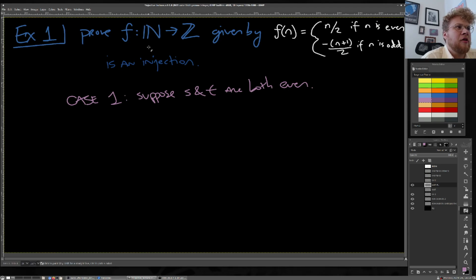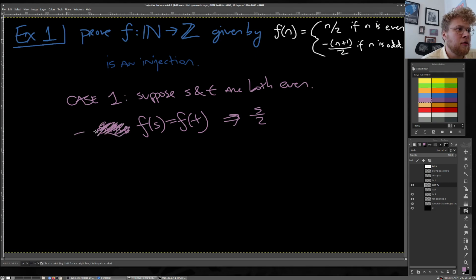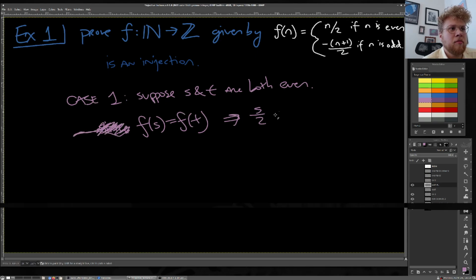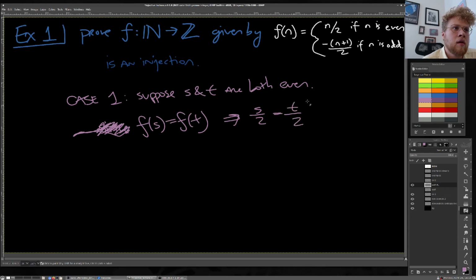We already know that they're natural numbers, but since we're already assuming that f of s equals f of t, and we know that they're even numbers, we do in fact know what these things equal algebraically. This statement would imply, again, we know what the function does because we understand it's a well-defined function. This is the only thing that can happen to S and T being even inputs.